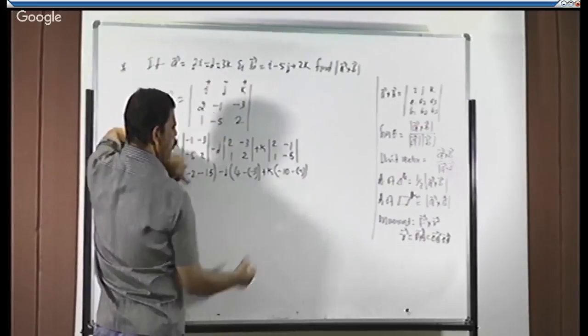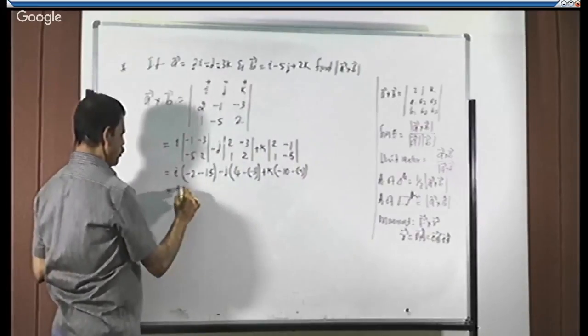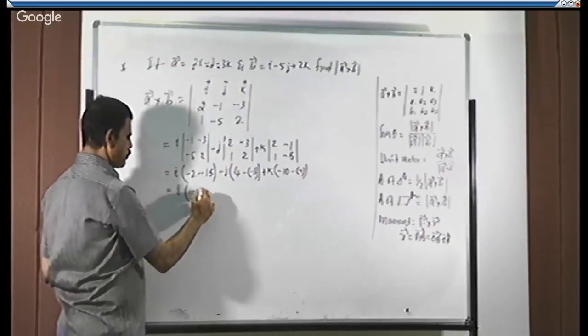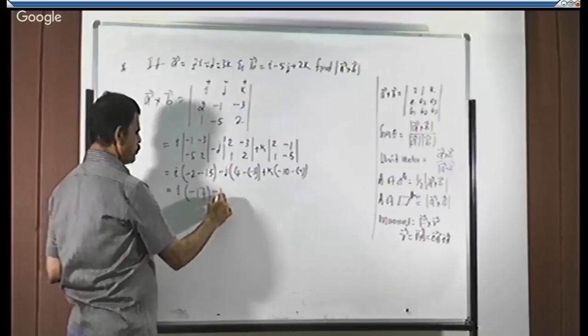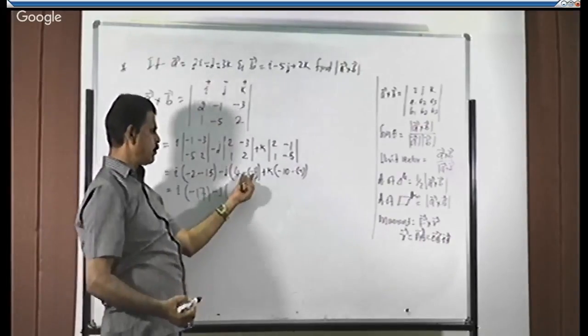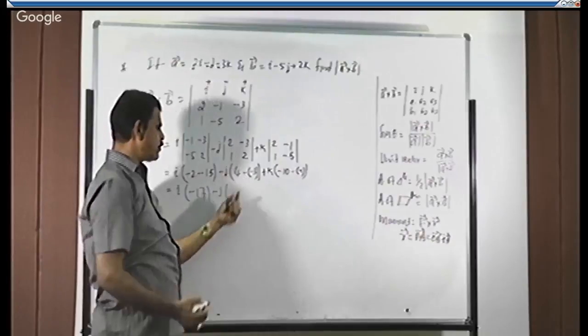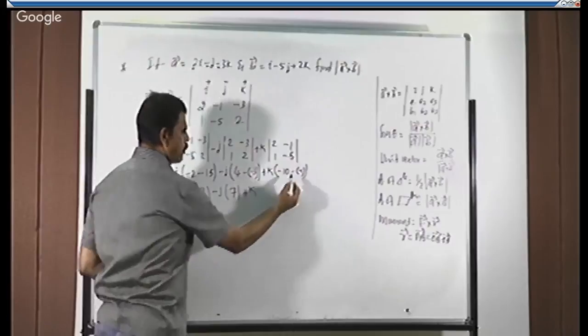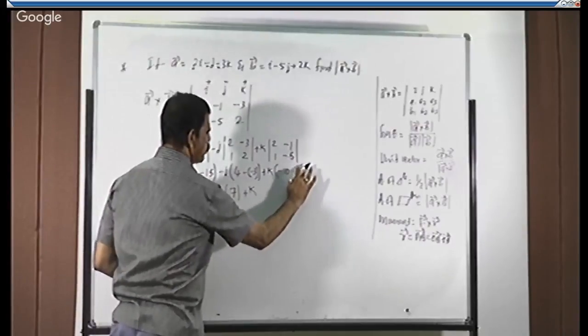I am taking separately. So i into minus 2 minus 15, it is minus 17. Minus j into minus into minus 4, sorry, plus minus into minus plus 4 plus 3 is 7. Plus k into this is minus 1, minus 1.